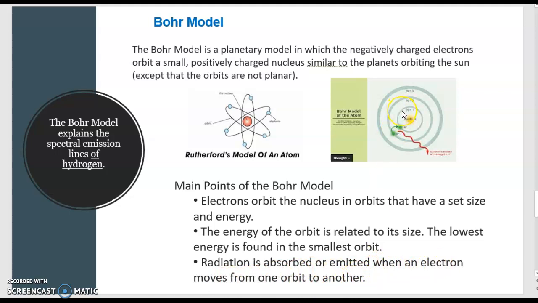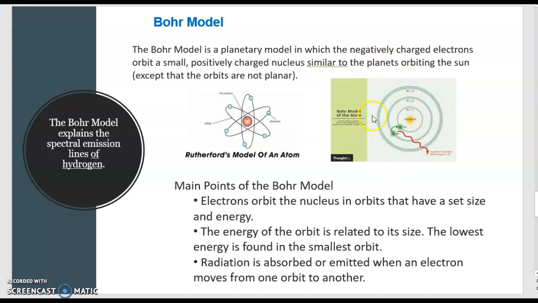So if an electron moves from a lower orbital level to a higher orbital level, that happens because the electron absorbs energy. And when an electron moves from a higher energy level down to a lower energy level, it emits a photon. It gives off the difference in energy between those two levels in the form of a photon. So light energy radiation comes off of the atom.